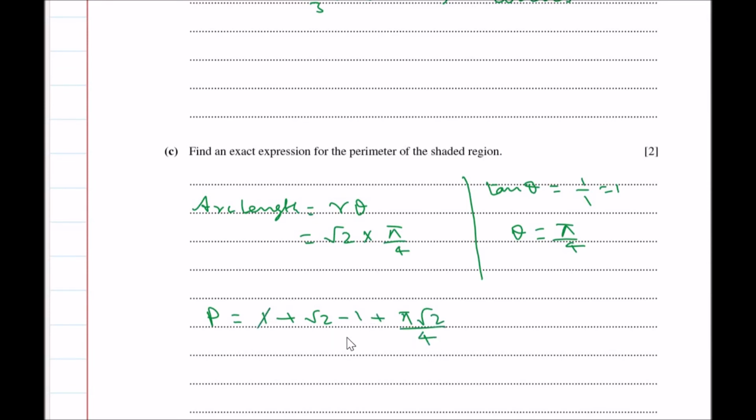This cancelled out, 1 minus 1. So we are left with root 2 plus pi root 2 by 4. We can take root 2 common. So root 2 into 1 plus pi by 4. This is the expression for perimeter of the shaded region.